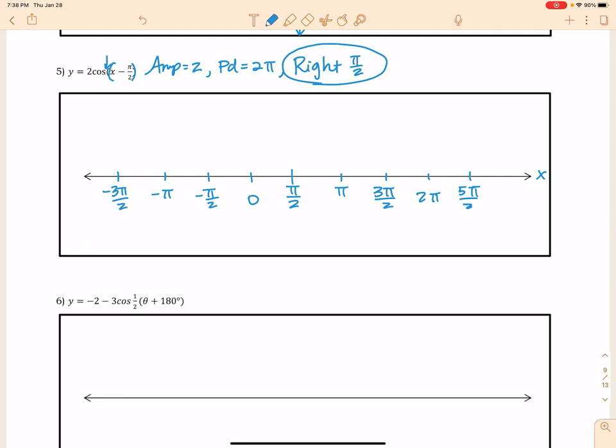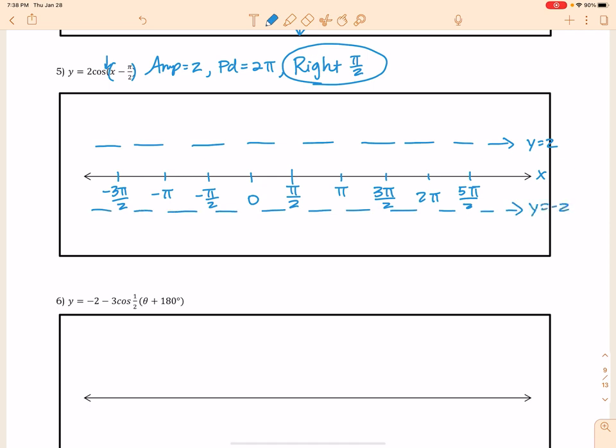All right, so my amplitude is going to be 2. So I'm going to just make my dotted line here. Y equals 2. And down here as well, I almost wrote those values too big. Y equals negative 2.